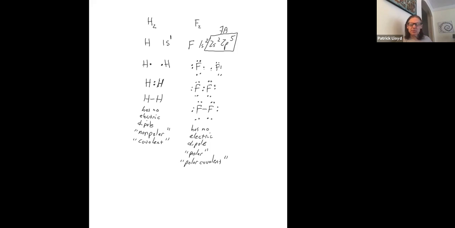So you'll hear the term permanent dipole, which just means it has an electric dipole. I'm not going to talk right now about the difference between permanent and non-permanent dipoles. You will also see the word moment. So sometimes it's referred to as dipole moment. Same thing. It's just another way.